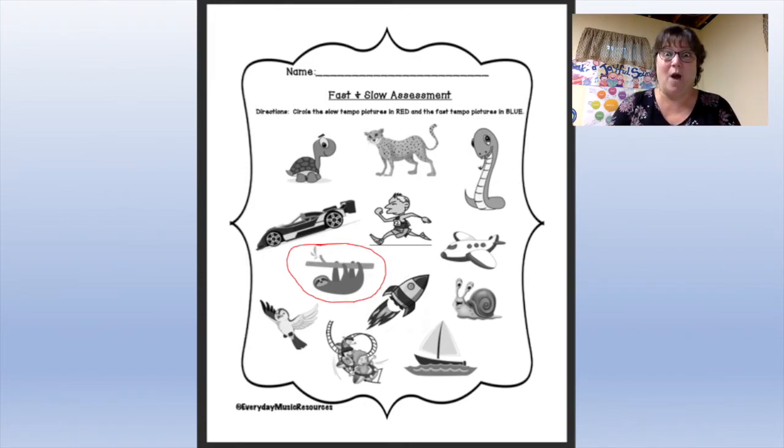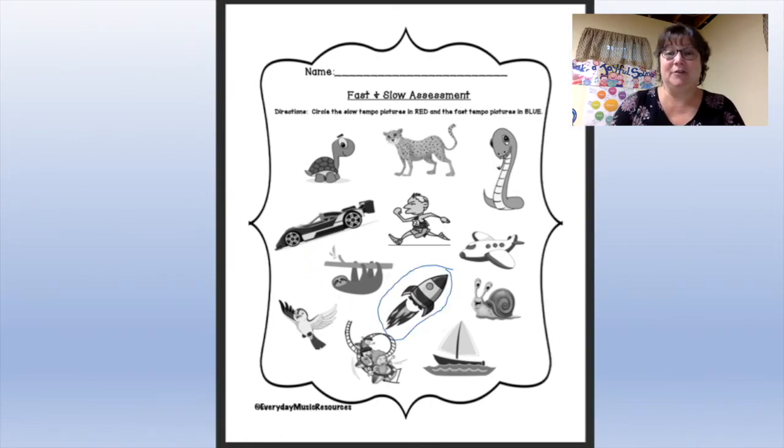The next one is a rocket. I actually got to see a rocket launched in the sky this summer. And believe me, they go very fast. That's right, and that is why I circled it in blue.